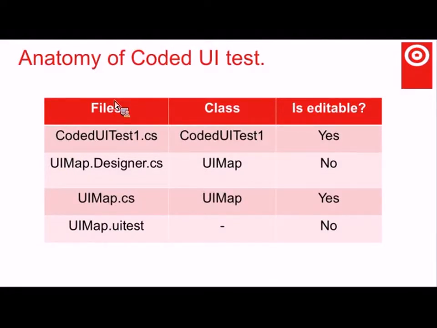The uimap.designer.cs file is generated from the uimap.uitest file. Every time we change the UIMap, the designer file is regenerated. So any edits you make to that file, it's not read-only or anything like that, so you can edit it, but if you make any edits, then they will be lost when the file is regenerated.